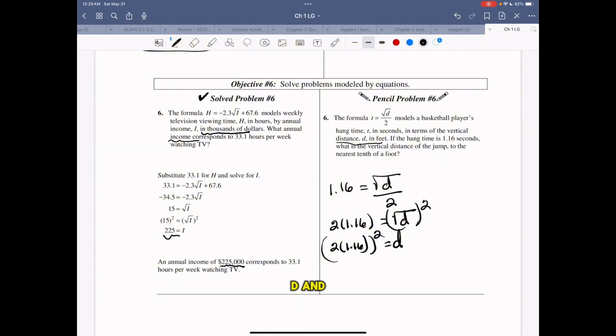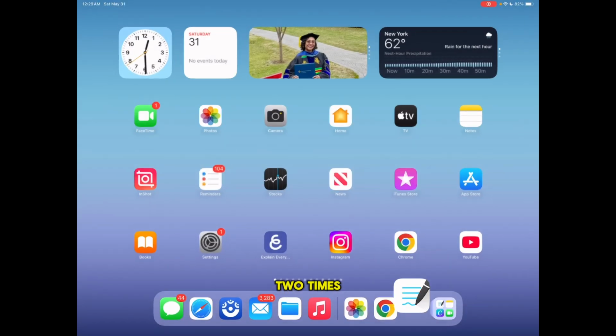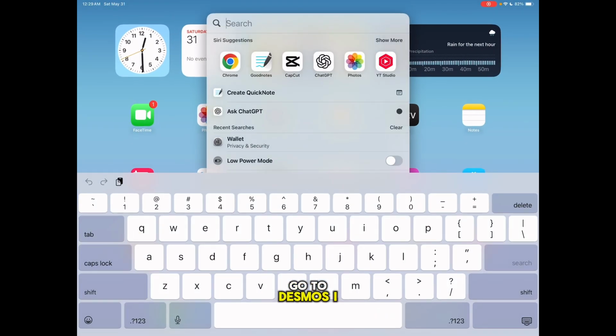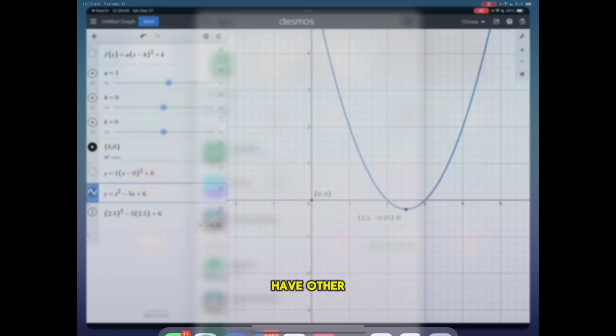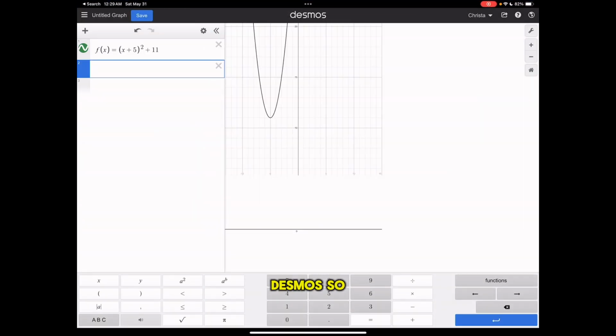And that result would be, let me look for it. .4 feet. So if I take 2 times, let's just go to Desmos. I have other calculators on here, but we'll just use Desmos.